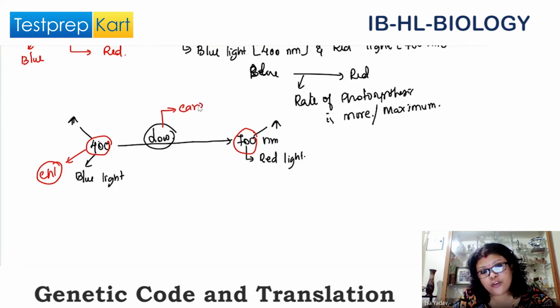Rather, carotenoids absorb. Okay, carotenoids will absorb. So carotenoids will not allow the process of photosynthesis to stop. Rather, it will go very slowly. So it's a low rate of photosynthesis.